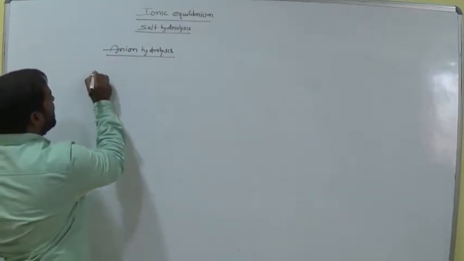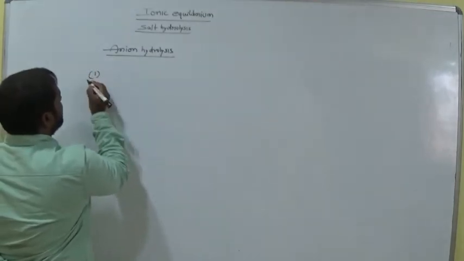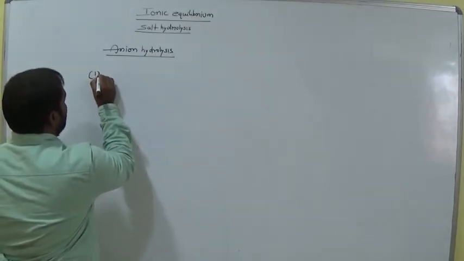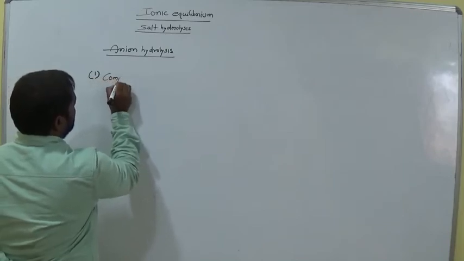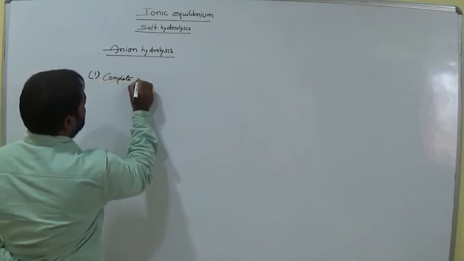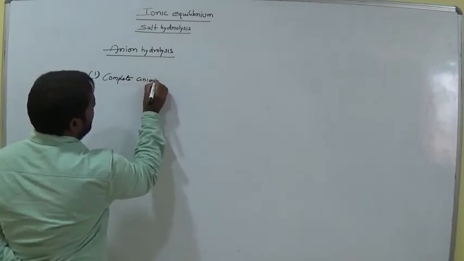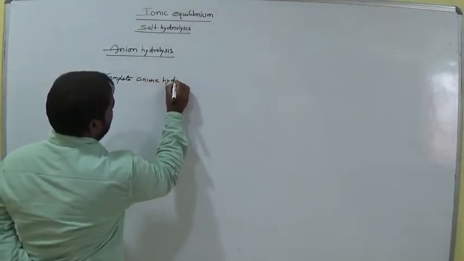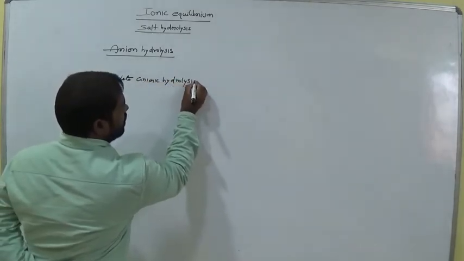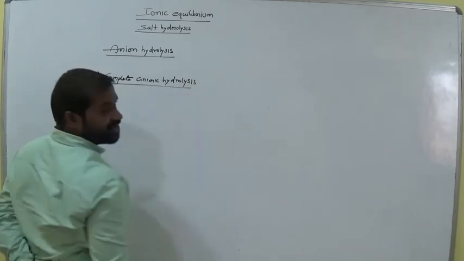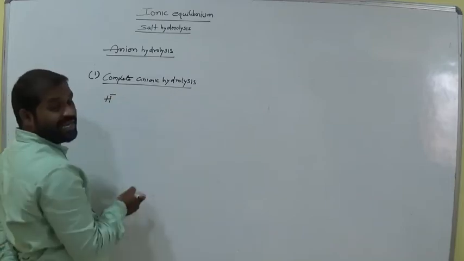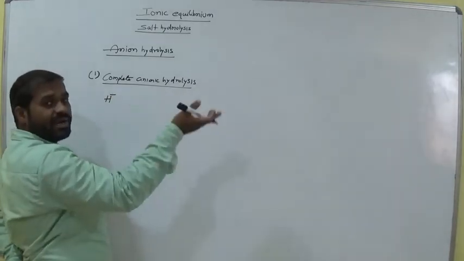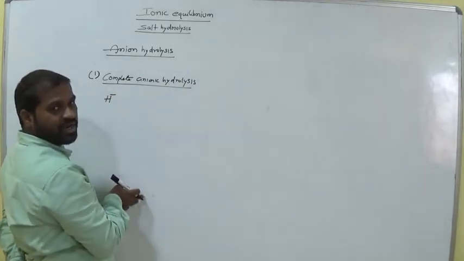Now I would like to take, first, complete anionic hydrolysis. Complete anionic hydrolysis means the water molecule is completely ionizable as H plus or OH minus.